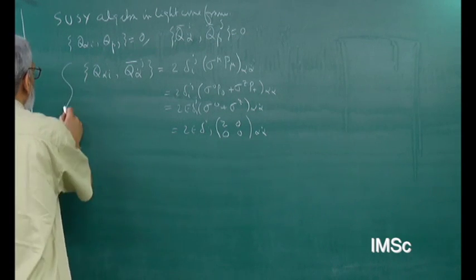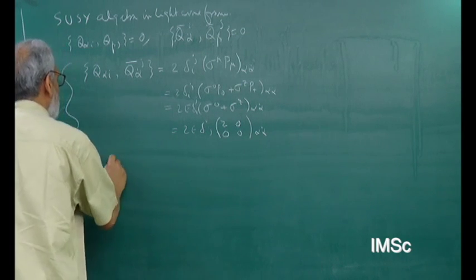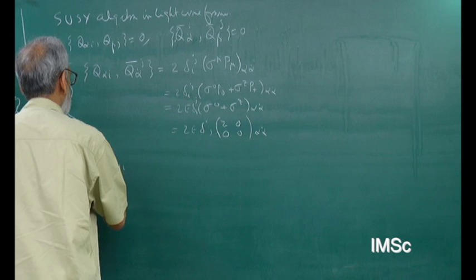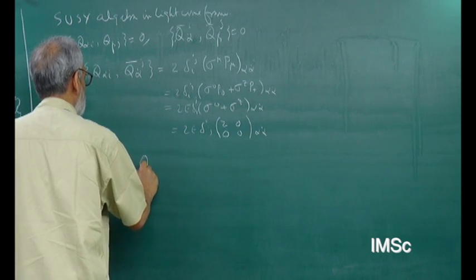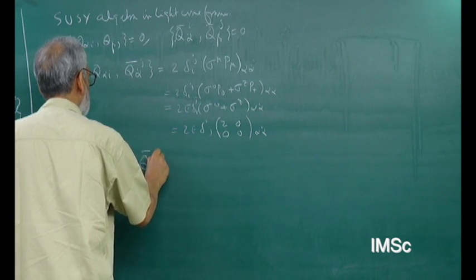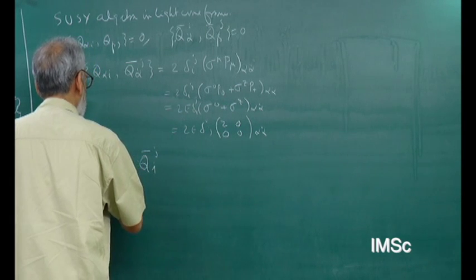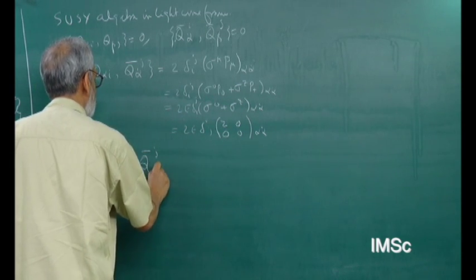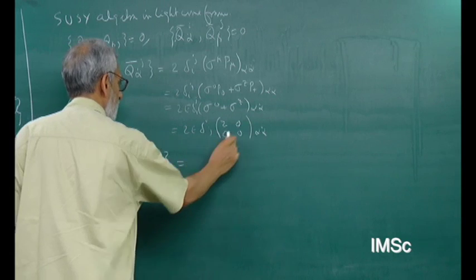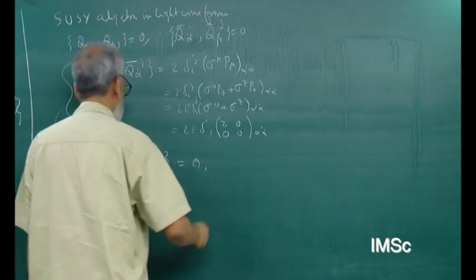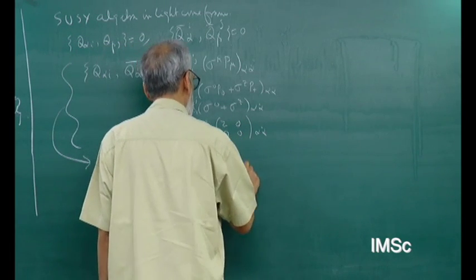So now this object, let me rewrite explicitly in terms of components. Let me write the two one. That is corresponding to this, that is 0.